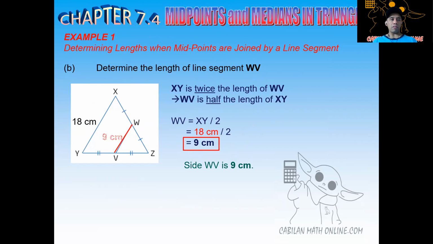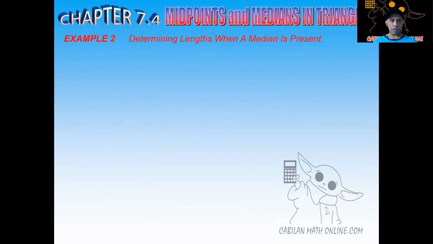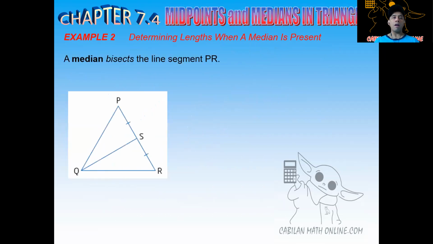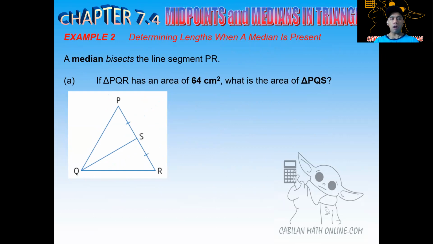All right, moving forward. Let's take a look at this one here. This time we're dealing with medians and what it does to the area of triangles here. So it says here, a median bisects the line segment PR. So remember what a median is: from one of the corners of a triangle, you're going to draw a line directly to the opposite side, cutting the opposite side in half here. So that's what the word bisect means, is that you're cutting something in half. Now what we have to know here is that triangle PQR has an area of 64 square centimeters.